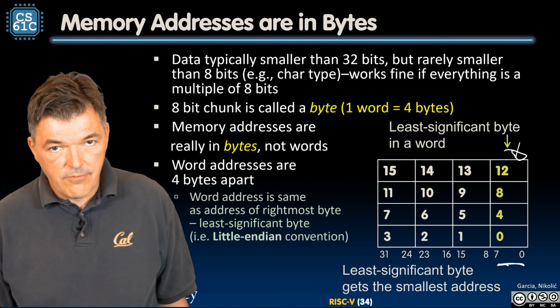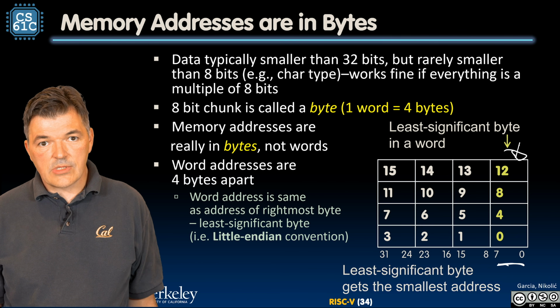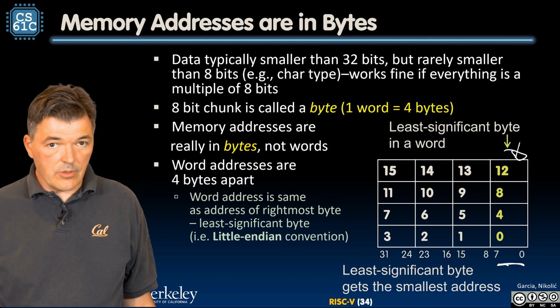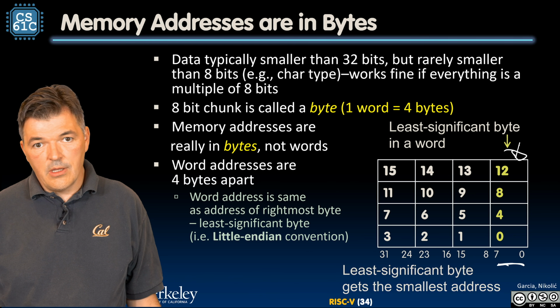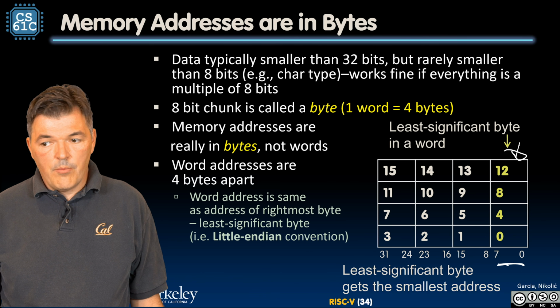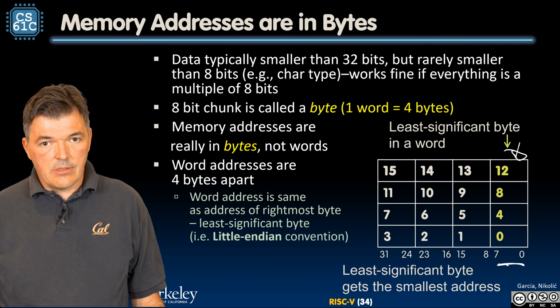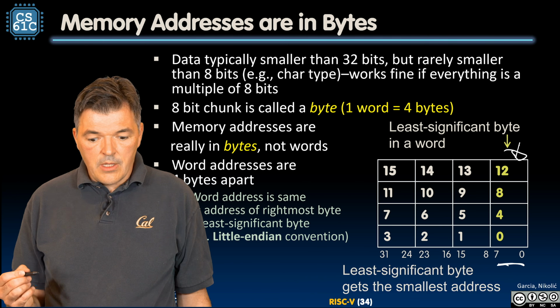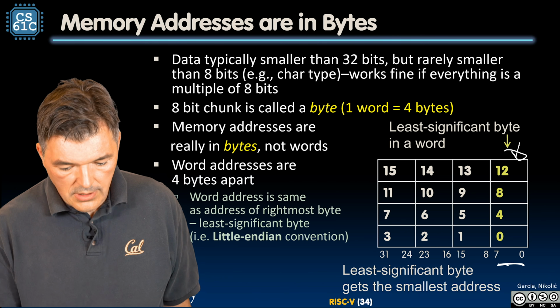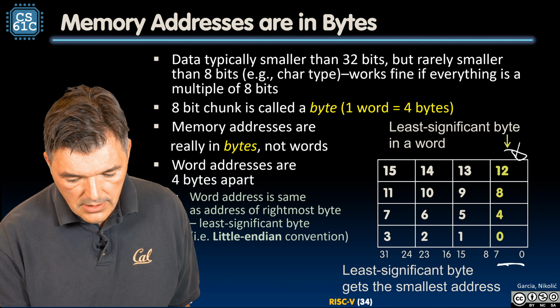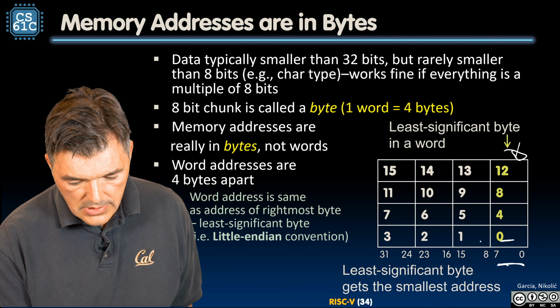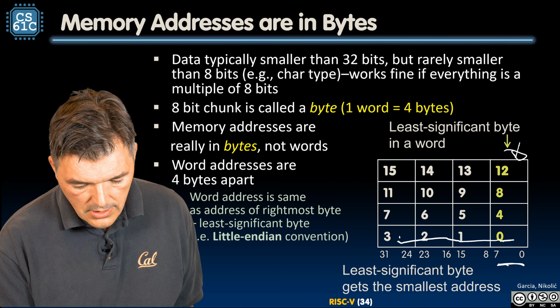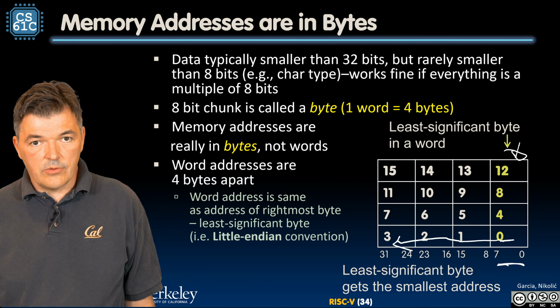So it fits into the bits 0 to 7 in a word. It could have been done the other way, it would have been called differently, but RISC-V follows the little endian convention. So essentially the least significant byte gets the lowest byte address, then goes to the next one, and so on, moving to the left.